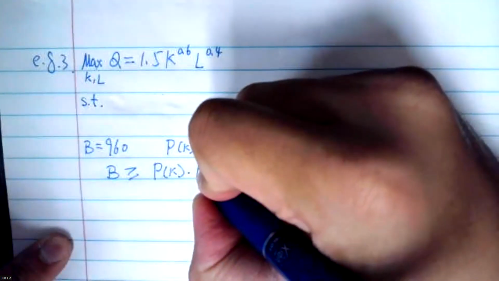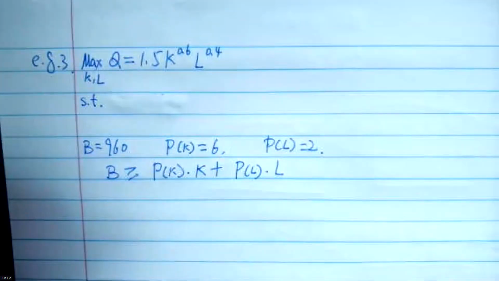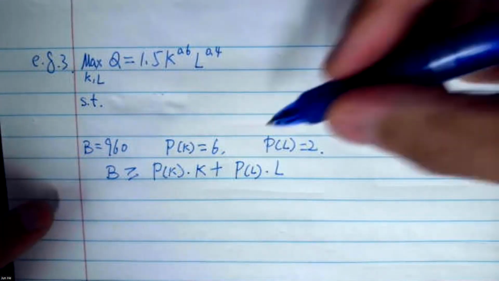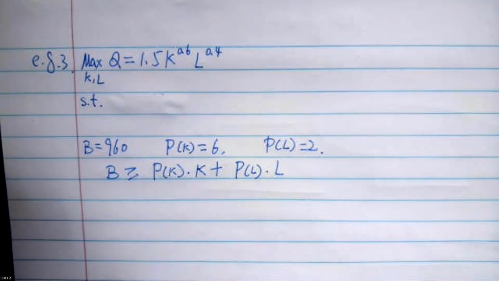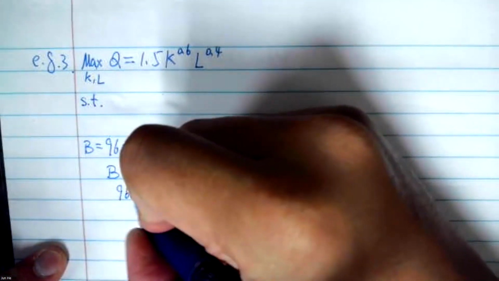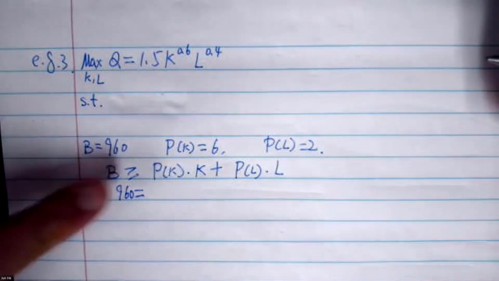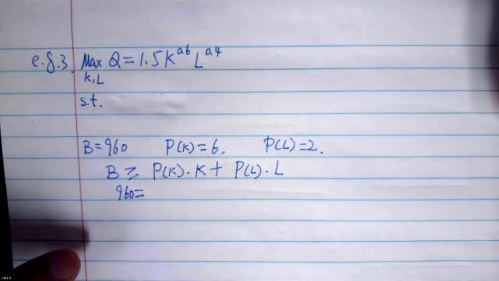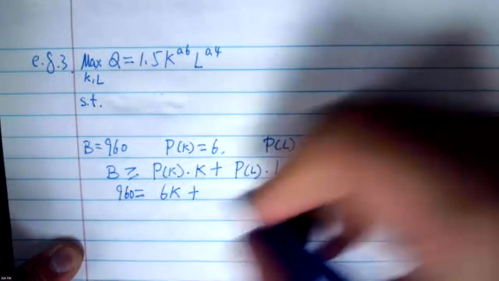And we want to maximize the quantity produced, so it's better that we don't leave any money on the table. That's why the equation sign is used rather than the inequality. Here PK is 6 by K plus PL is 2 multiplied by L.